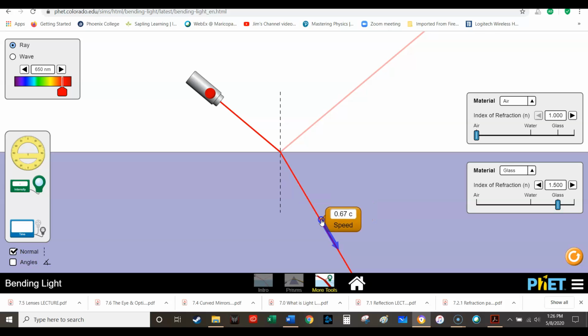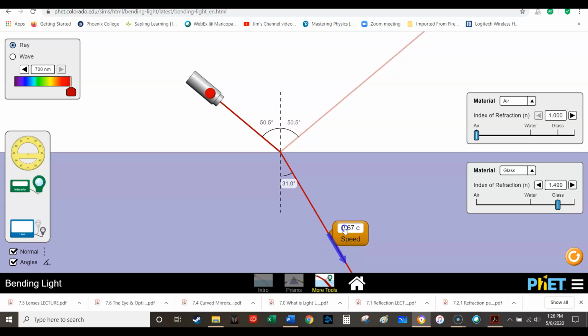If you look at this, it shows the speed of red light to be 0.67, right? But if I move this to blue, you're going to notice that it actually does change. So it's going to change the angle slightly that it's bending at, and let's see if I could put on the angles.